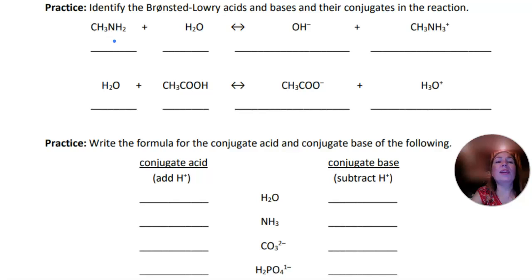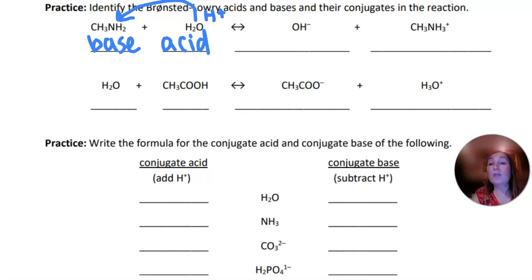We've got CH3NH2 plus water makes OH minus and CH3NH3 plus. Okay, so our NH2 had to gain a proton from water. So the proton is traveling from water to the CH3NH2. So water is acting like an acid, giving up a proton. And this guy's accepting the proton, so it's acting as a base.